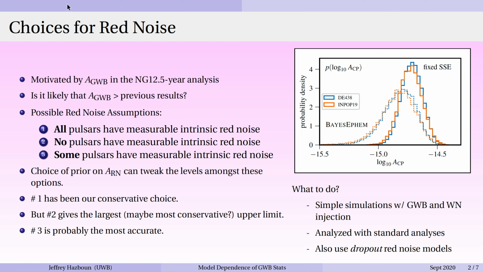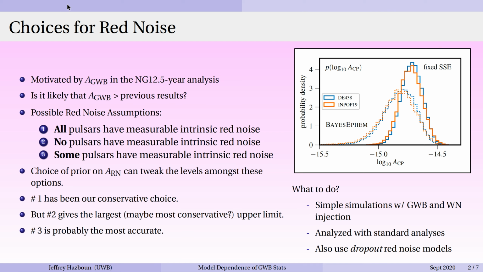Now, that's not completely untoward or unheard of when you add more data to an analysis. It is possible for you to get a parameter estimation above your upper limit, but we really wanted to understand what the impact of our assumptions about red noise were making on this.